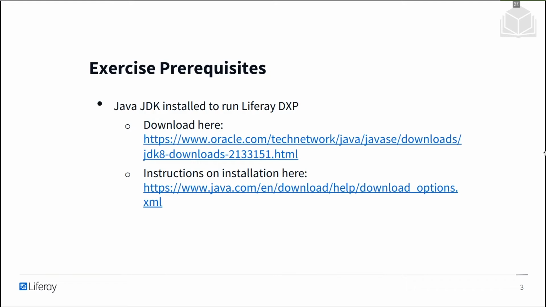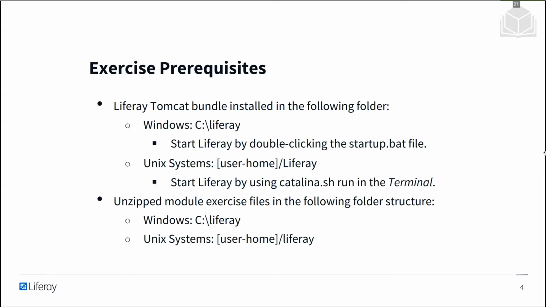Before you begin the exercises, make sure you've installed the latest release of version 8 of the JDK. To download the JDK, you can use the provided link. There's also a link to installation instructions. Also, make sure that you've installed Liferay on your machine. If you're on Windows, we recommend installing Liferay to the c:/Liferay path.